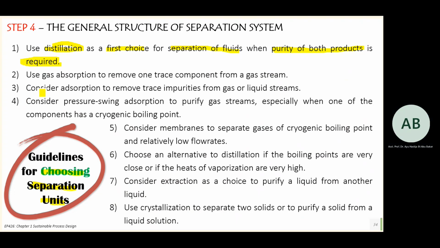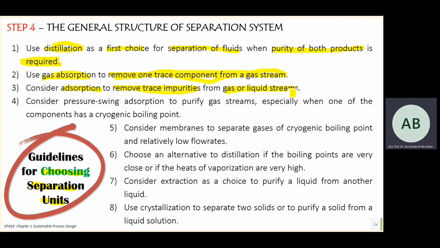Gas adsorption to remove one trace component from a gas stream. Adsorption, remove trace of impurities from a gas or liquid stream. Usually this one, for the wastewater treatment, perhaps you need to purify your product.